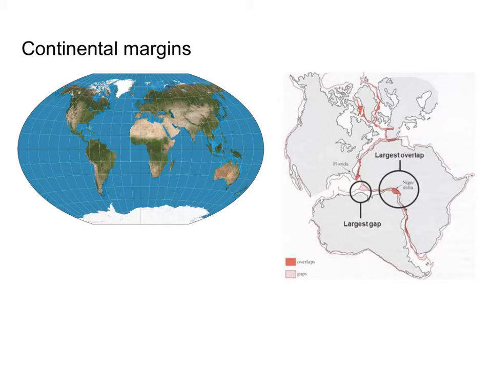Okay, so first, he spent time documenting the kind of patterns that we've all talked about seeing. The fit of the continents actually works a little bit better if you do continental margins rather than coastlines. So that's what's plotted here.